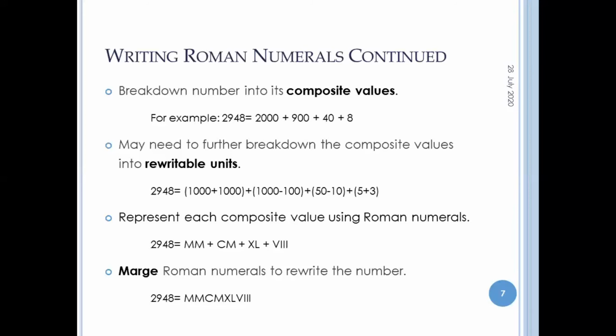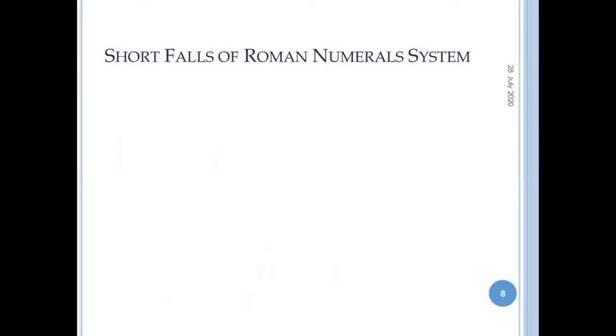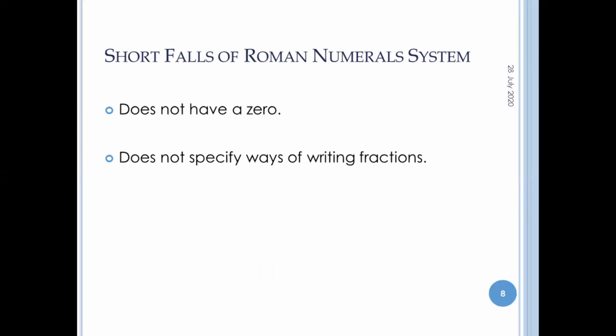We need to know that Roman numerals have their own shortfalls. For example, they do not use 0. Maybe it is an advantage to them, but they don't use 0. Also, they do not specify ways of writing fractions. So I wonder how one could write fractions using the Roman numerals.